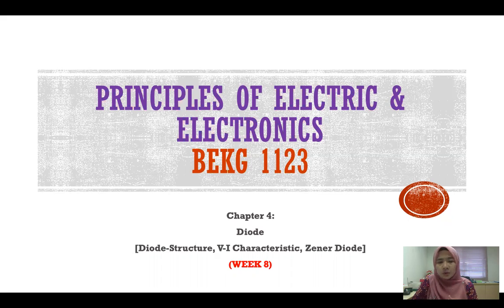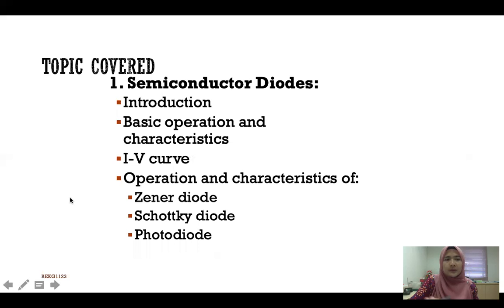Okay, so for this week we will cover the diode structure, diode characteristics, and also the Zener diode. And then next week we will cover the diode applications. These are the topics that we will cover in chapter 4.